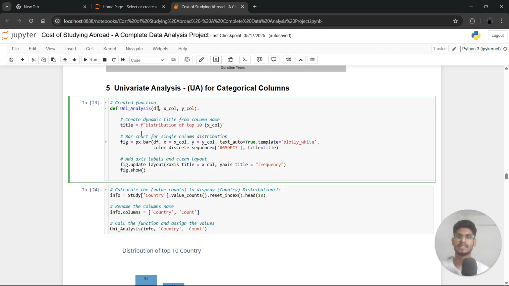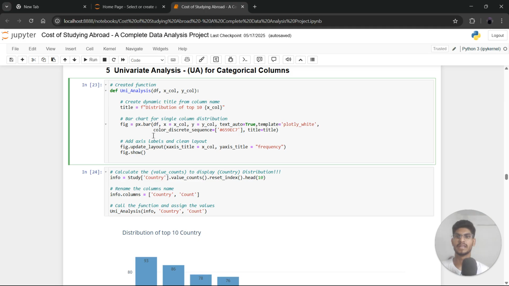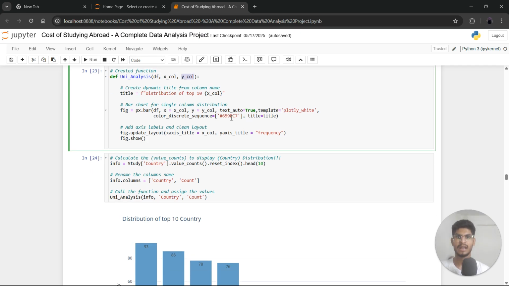So we are using title is equal to f distribution of top 10, whatever value is given here. We are using px dot bar. Px means plotly express dot bar. We are using data as df, this parameter. We are using x as the x column, and y is equal to the y column, these parameter values. And we are using text auto is equal to true, which means these values will be shown at the top.